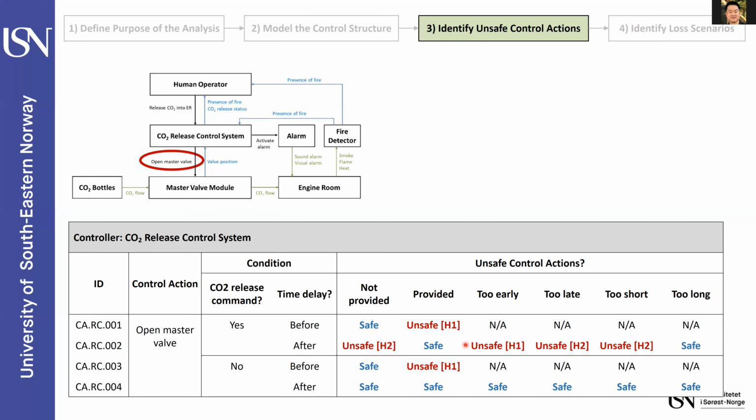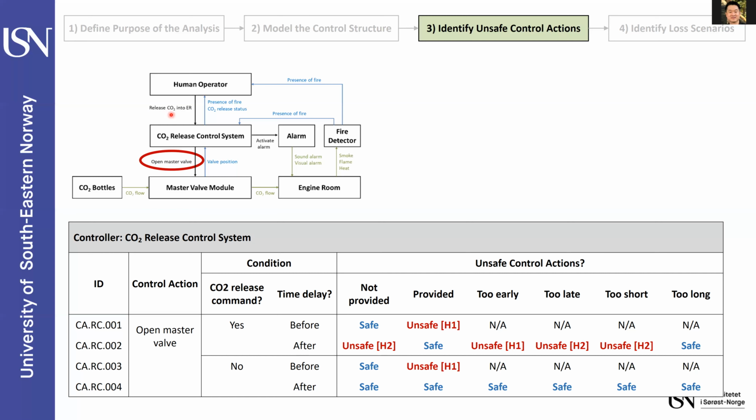So we can check all these combinations of conditions, and we can check whether each control action is safe or unsafe. Then we can identify every unsafe control action from this open master valve command. Then of course, you need to check the other control action, release CO2 into engine room.